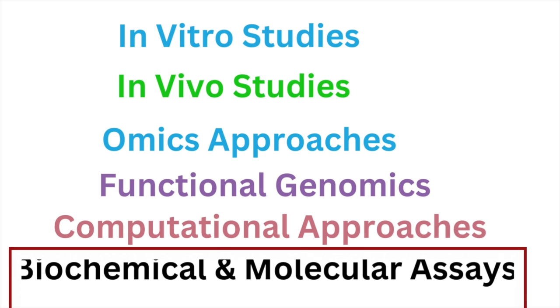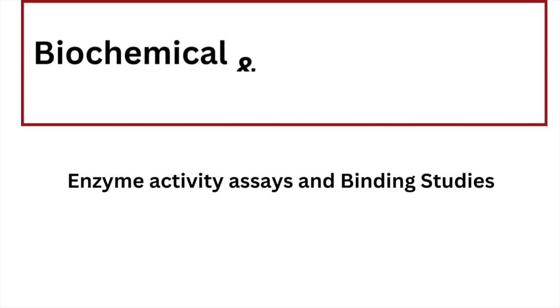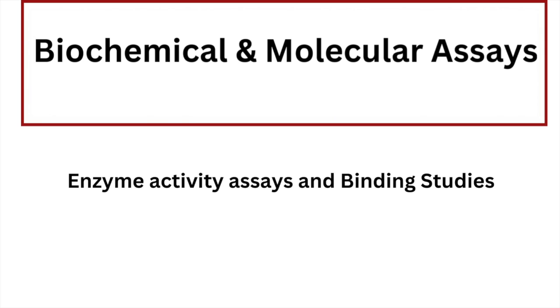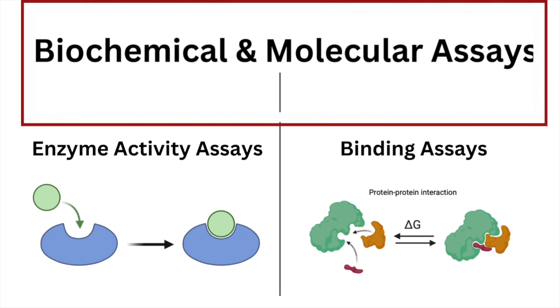There are also biochemical and molecular assays. The types of biochemical and molecular assays that are available include enzyme activity assays, and you have to determine if this is suitable in your context. But in enzyme activity assays, if the mutated gene encodes an enzyme, then assays can be used to measure changes in its catalytic activity.